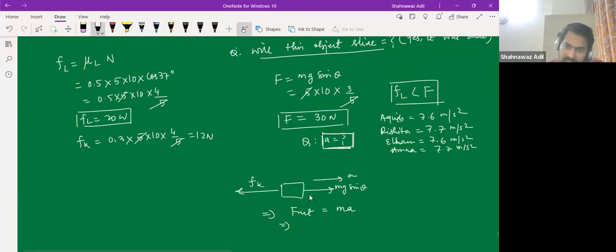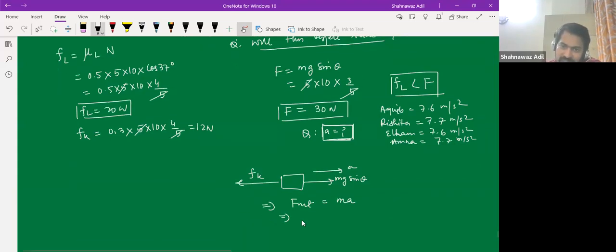F net is mg sin theta, which we have already calculated as 30, minus fk, which we have already calculated as 12. This is 5 into a. So this is how much? 18 by 5, and a is what?